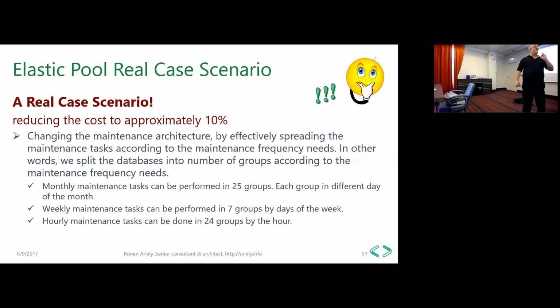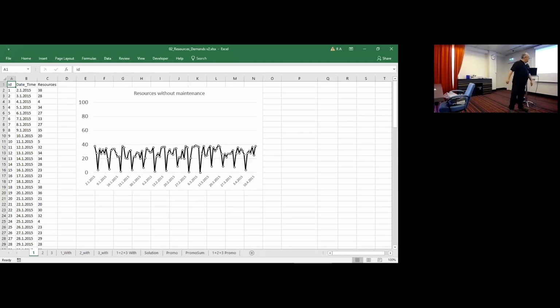Again, not 290, by 90, meaning that if we paid for each 100 resource units we used before, after we moved to the Elastic Pool with a simple trick that I will show you, we now pay less than 10 resource units. Let's go over the trick.